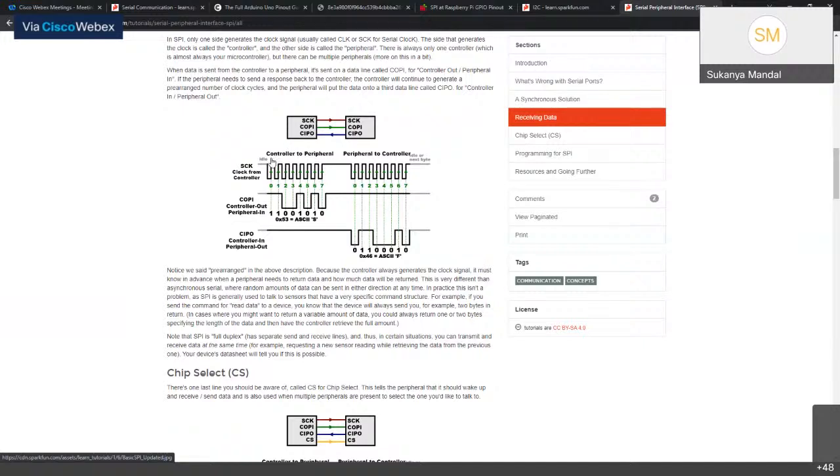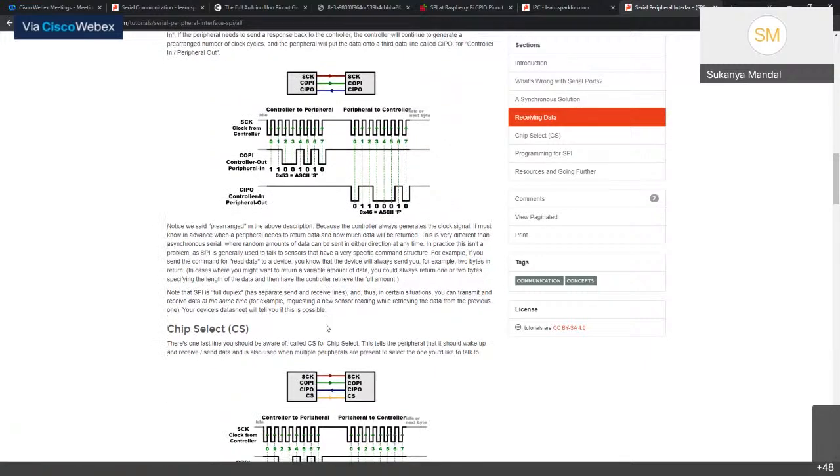This is controller to peripheral and this is peripheral to controller. So when it goes from the controller to the peripheral, this side gets activated, which is COPI. And when it comes from the opposite end, then this side gets activated, and we see the signal as CIPO.